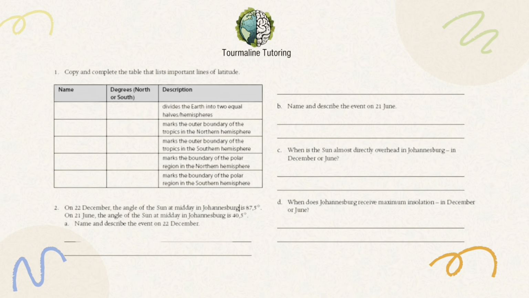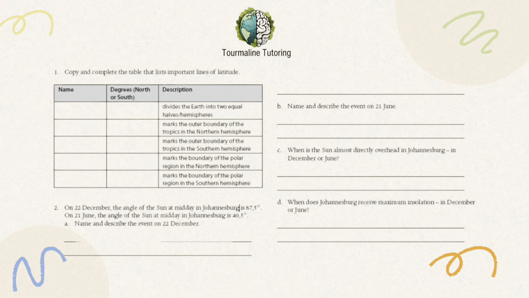Question 2 asks us to name and describe the event on the 22nd of December, and that is the summer solstice in the southern hemisphere. Here they're asking us in Johannesburg, so you do not have to mention what's happening in the northern hemisphere, but had they not stated that it's in Johannesburg, you would have given both.